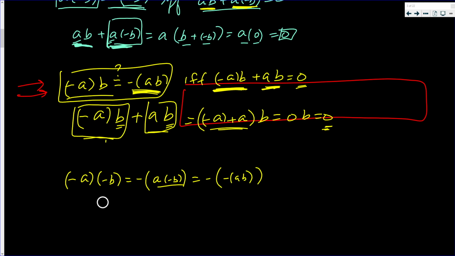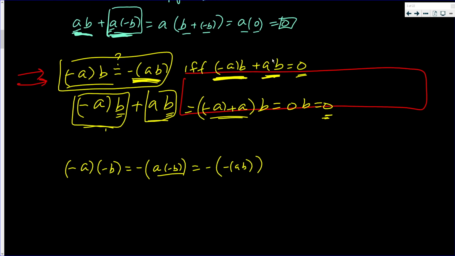Okay. Now, don't even look at what's in here. That's the inverse of this. So this is equal to ab if and only if ab plus its inverse is equal to 0. Okay, well, that's negative ab.